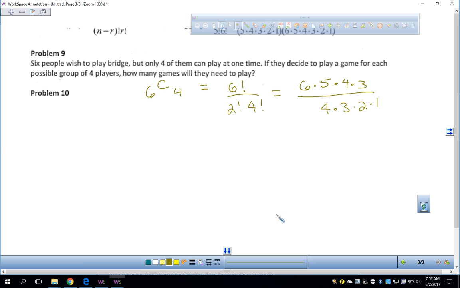With a lot of them you could do them without a calculator, because look, 4 and 3 cancel out, right? Because everything's being multiplied. What else could I cancel? 2 goes into 6 how many times? 3. So what's my answer?